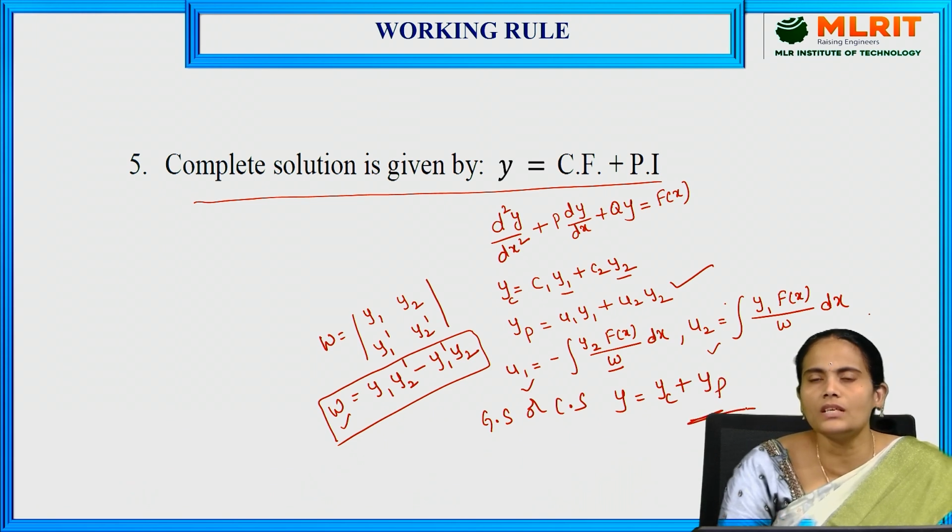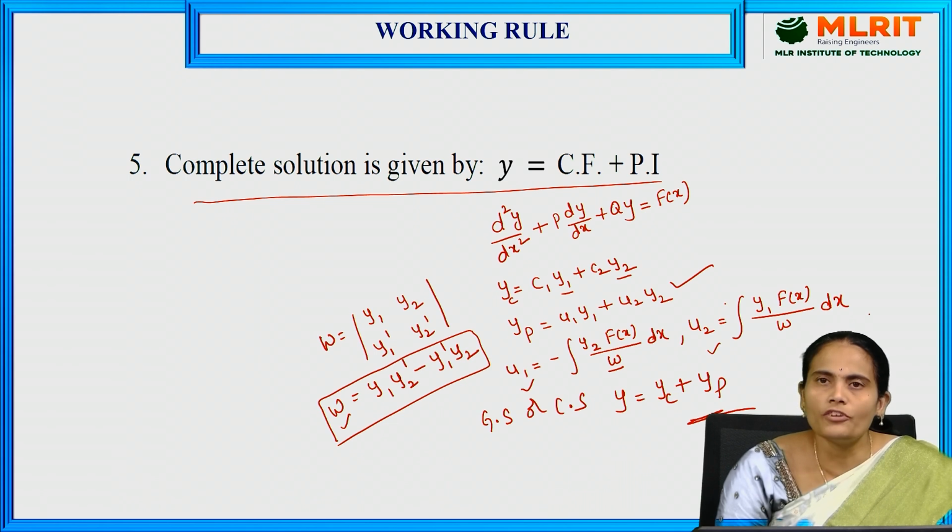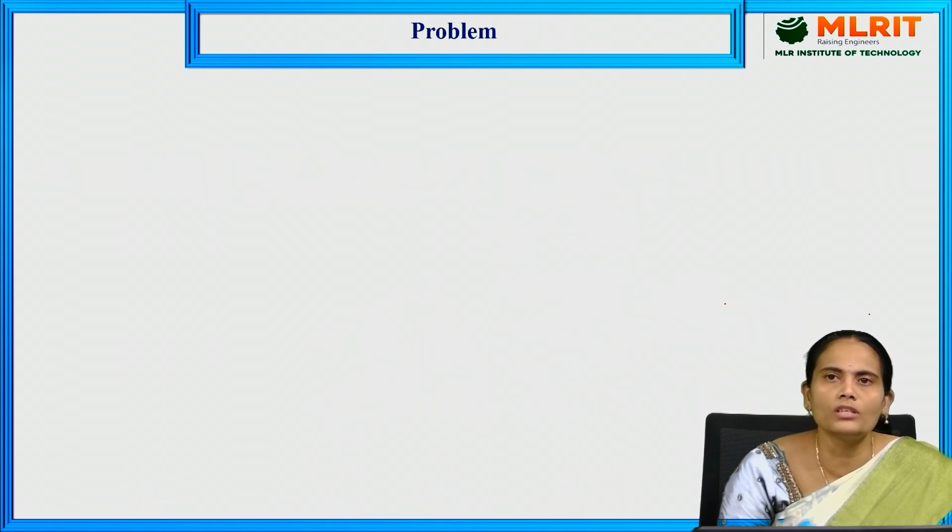So this is the working rule to find a general solution for second order differential equations with constant coefficients by using the method of variation of parameters. And now we'll see a problem on this method.